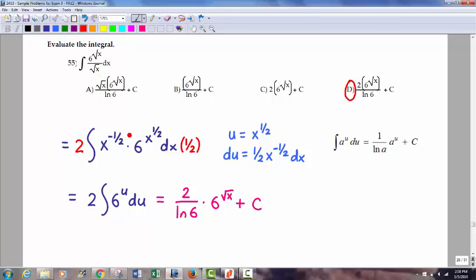See, I brought everything up. So, well, actually, this one was already, so I just wrote a 6 raised to the x to the 1/2, and then brought that x up, made it x to the negative 1/2.